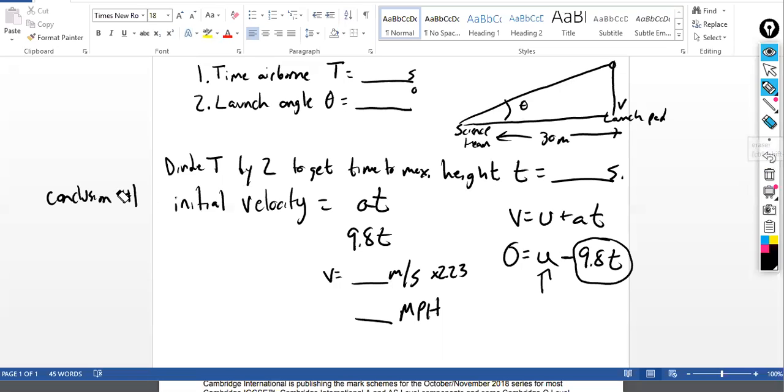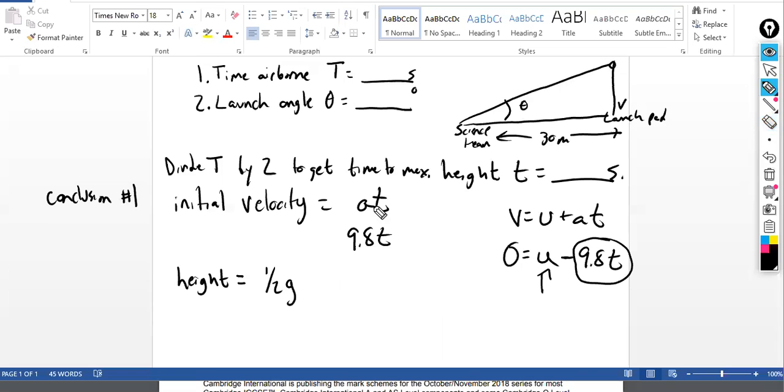I still want to keep some of this stuff up here though, so let's go on to conclusion number 2, which is going to be the height based on this time data. The height of the rocket is just going to be 1/2 g, this acceleration due to gravity, same number, 9.8, times that time squared.